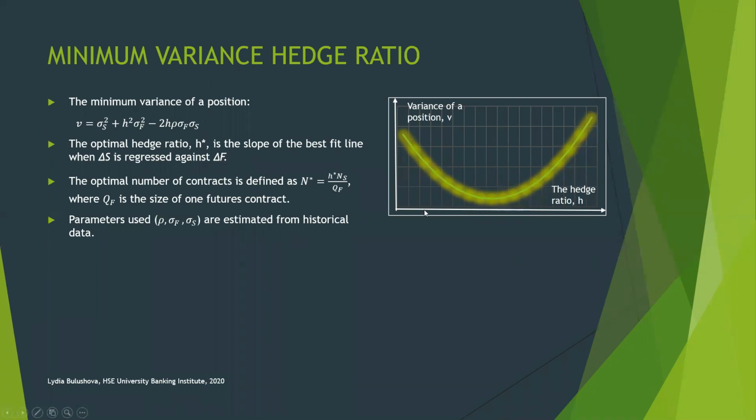So the optimal number of contracts can be defined as follows. Why do we have QF here? What's the point? QF is the size of one futures contract, because futures contracts are standardized and they are available in particular sizes.